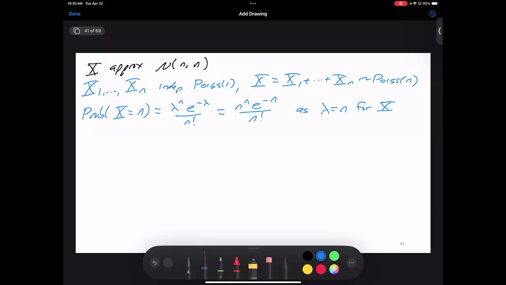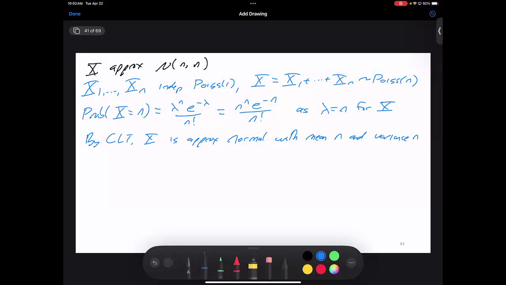Now we know that it's converging by the central limit theorem to being normal. So by central limit theorem, x is approximately normal with mean n and variance n.